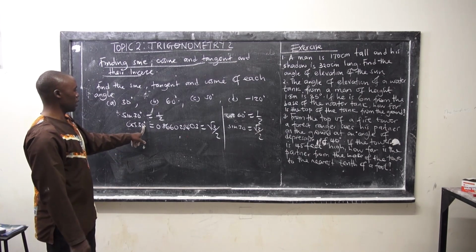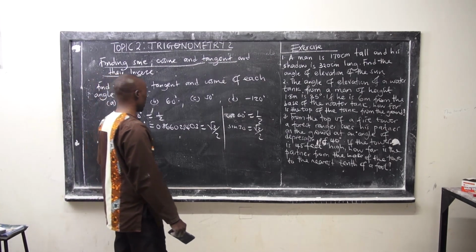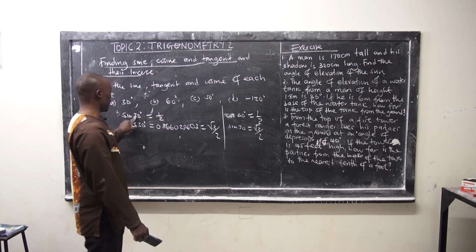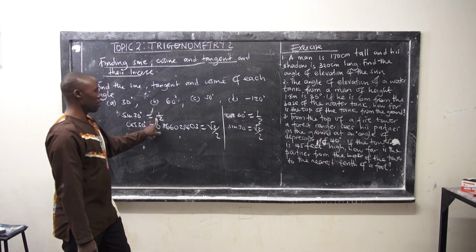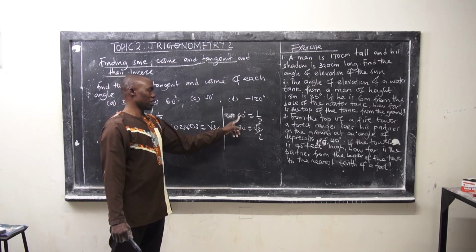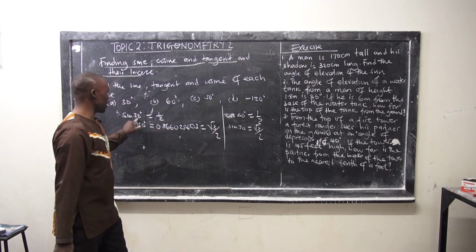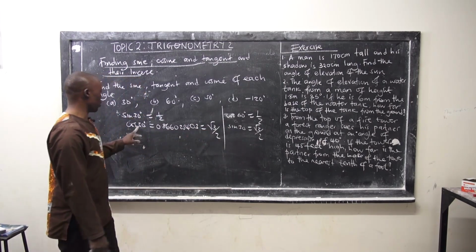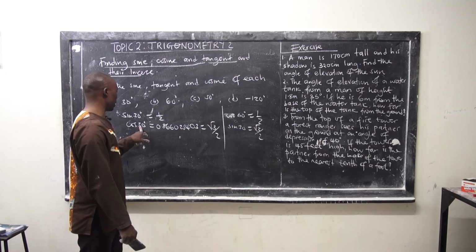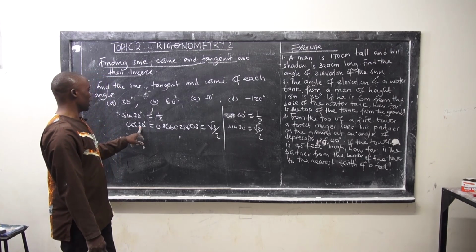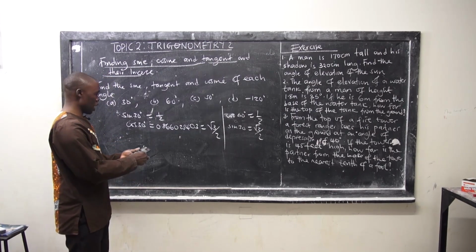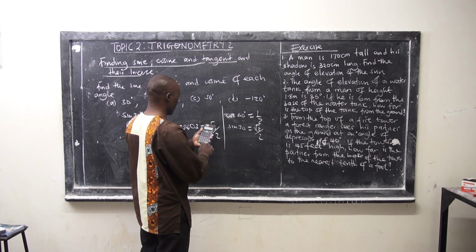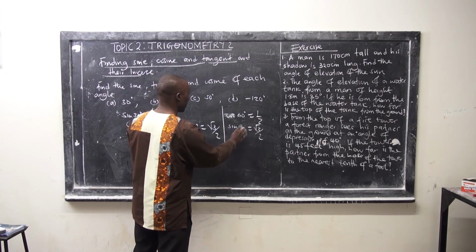Cos 30 is the same as, because this is sine 30 which is a half and cos 60 is a half. So sine 30 is the same value as cos 60 and also cos 30 shares the same value as sine 60. We punch in sine 60.